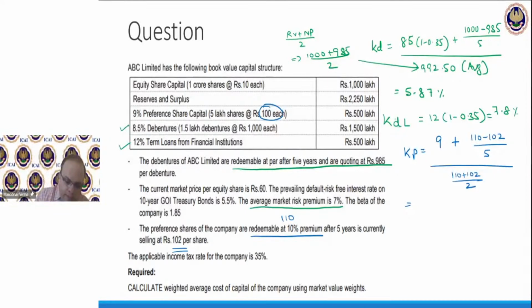So what is the cost of preference shares here? I think interestingly, I'm getting exactly 10% here. Exactly 10%.